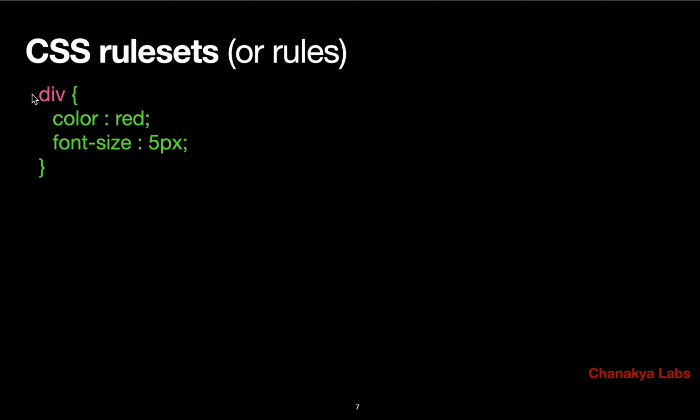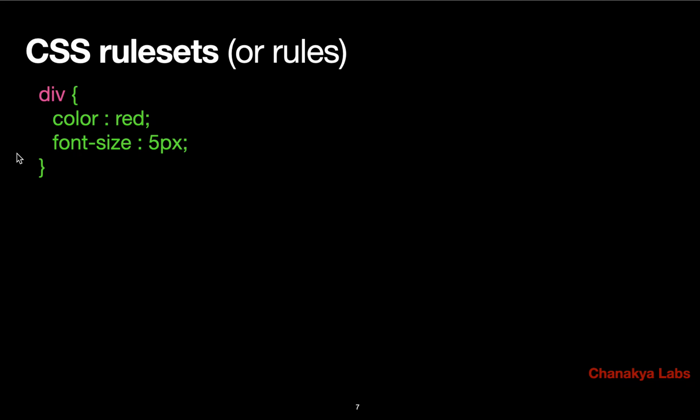So something like this, a declaration block, and I put a selector. Selector means which HTML element we are trying to target, and we will apply this style to that element. This whole thing is known as a rule set or simply a rule. So when somebody says CSS rule, don't think that one line is a declaration.